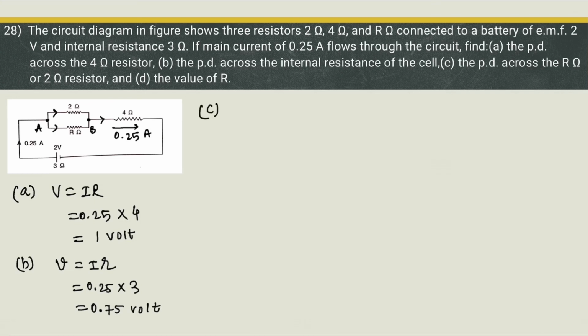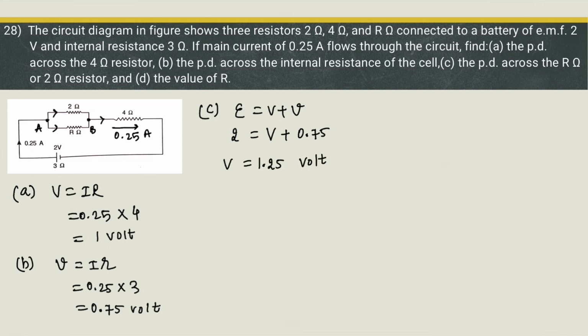C. PD across 2 ohm or R ohm resistor. Now see, what is the total EMF of the battery? EMF of the battery is capital V plus small v. EMF is 2 volt. V is the terminal voltage, we don't know its value, but potential drop is known, 0.75. So we can say terminal voltage will be 1.25 volt.